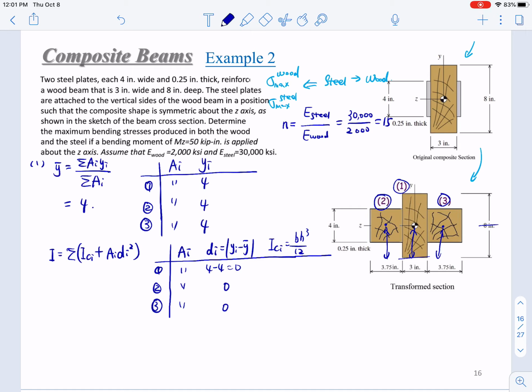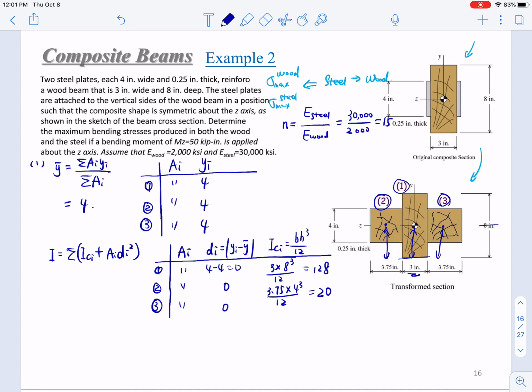For the first one, area 1, the width is 3, so 3 times 8 cubed over 12 gives you 128. For the second area, 3.75 times 4 cubed over 12 will be 20.